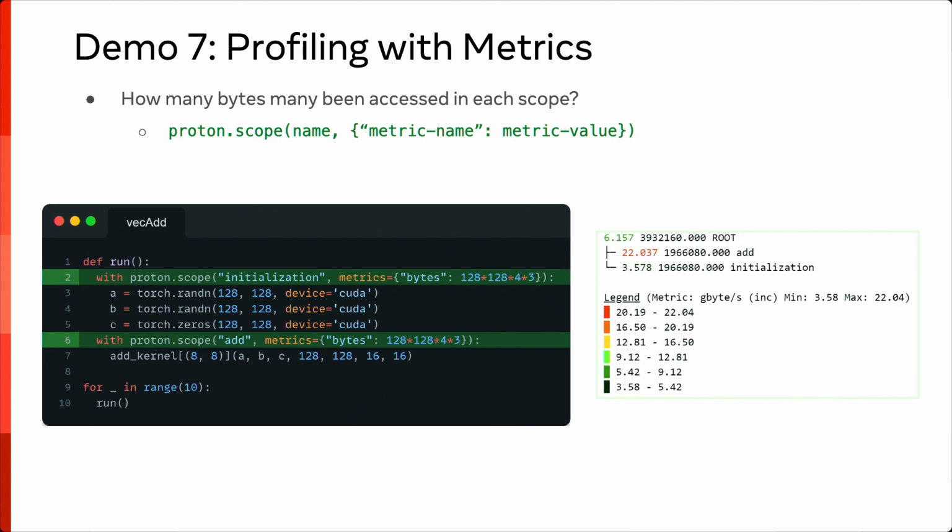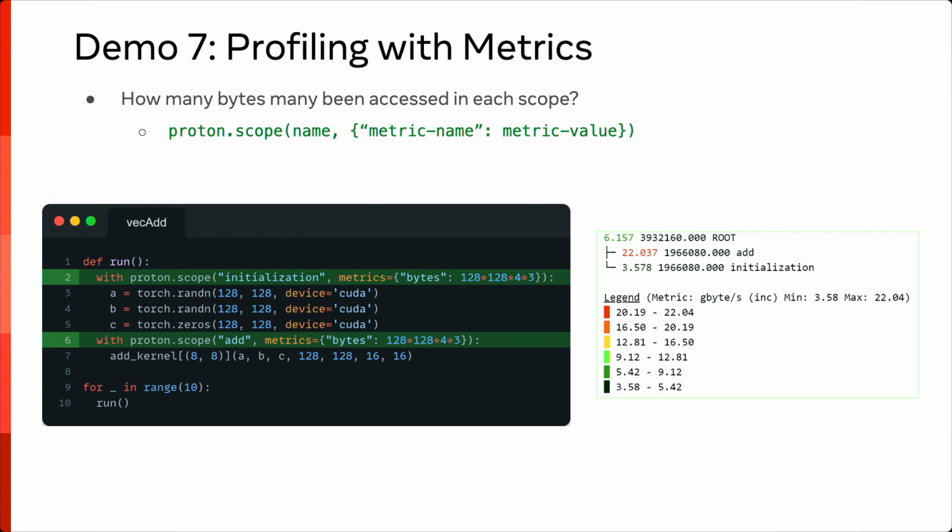So the total number of bytes will just be 128 by 128 multiplied by 4 bytes per element multiplied by 3 tensors. In the add scope, the total number of bytes we are going to access is 128 by 128 by 4 by 3, because we still access 3 tensors. Then we are going to run this function 10 times.